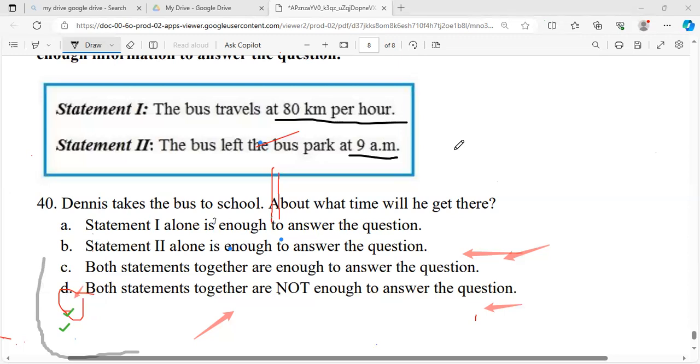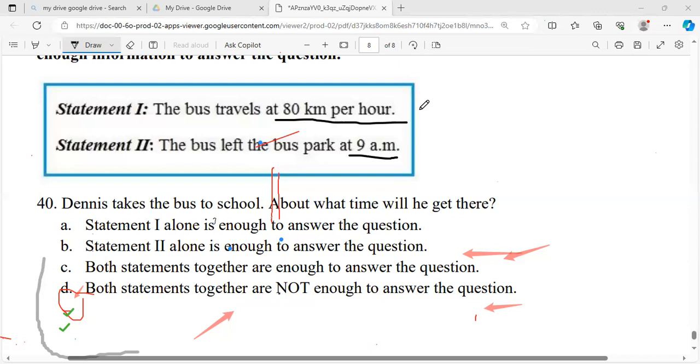Thank you so much. That is it, guys. I love how you guys are smart. They said the bus travels 80 kilometers per hour. The bus leaves at 9 o'clock. But we don't know how far the bus is really traveling. It could be that the bus is only traveling 20 kilometers. It could be that it's going 340 kilometers.